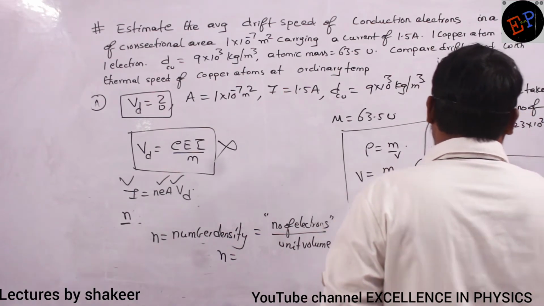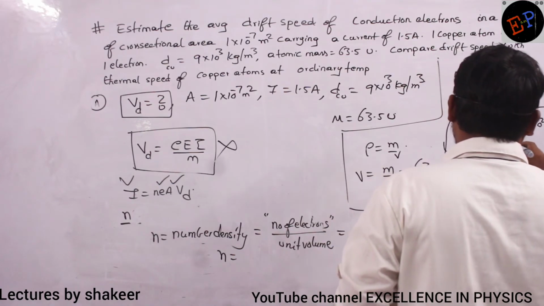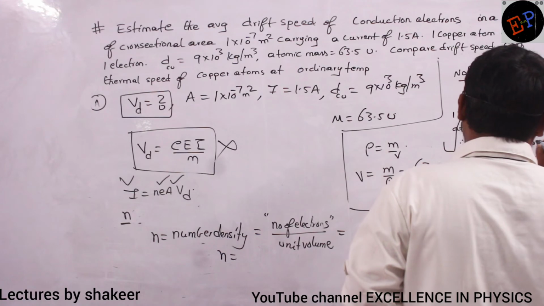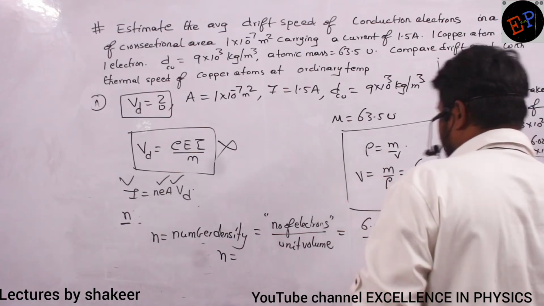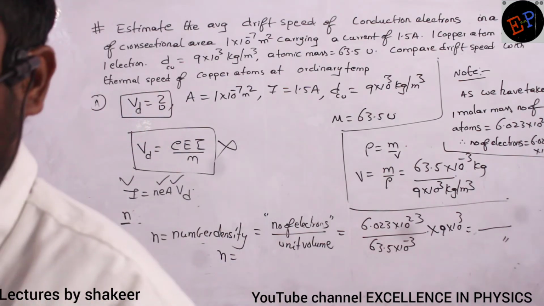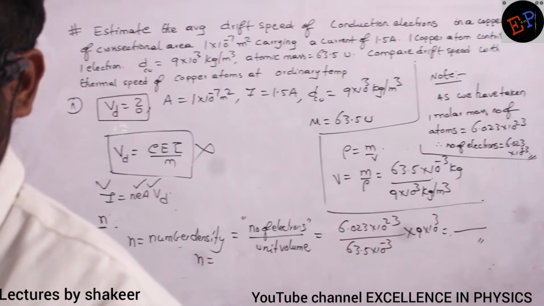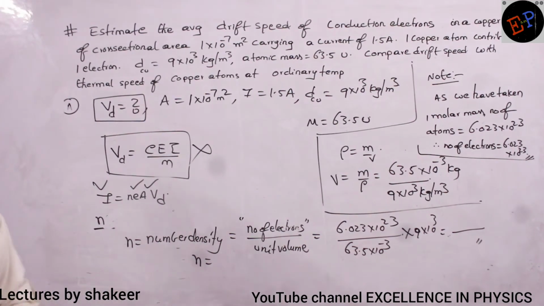Therefore, number of electrons also will be 6.023 into 10 power 23 itself. That's it. Is it clear? Are you able to understand how we are doing?